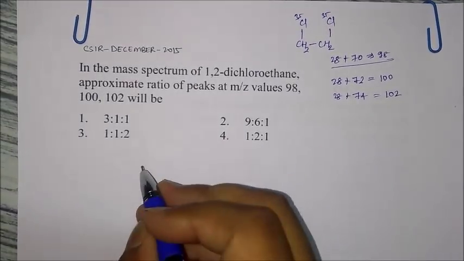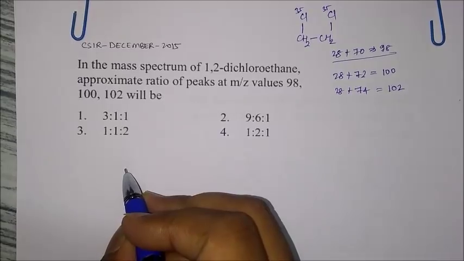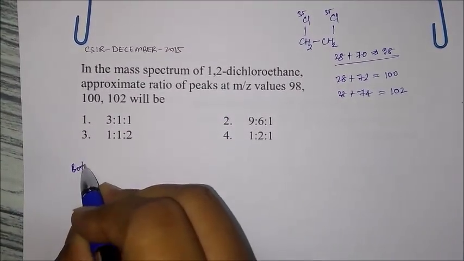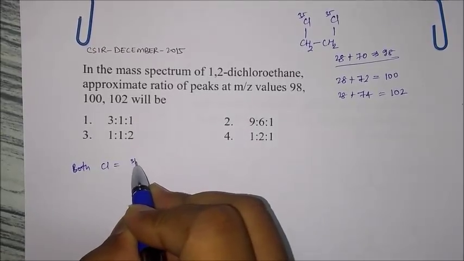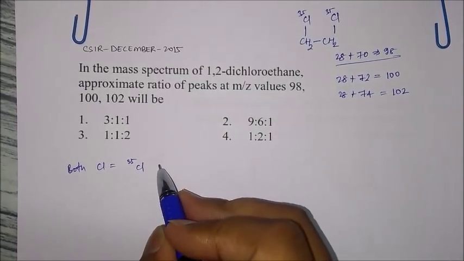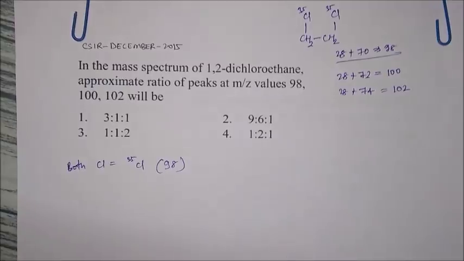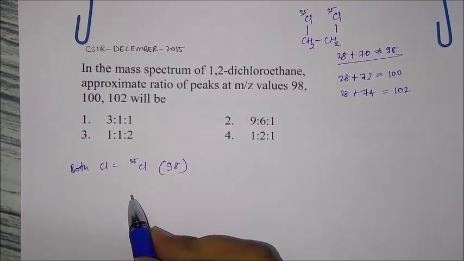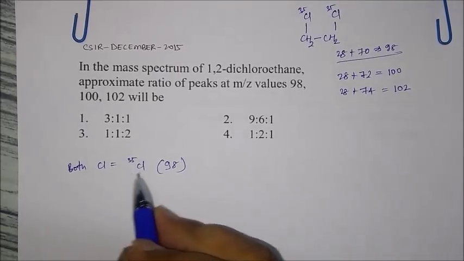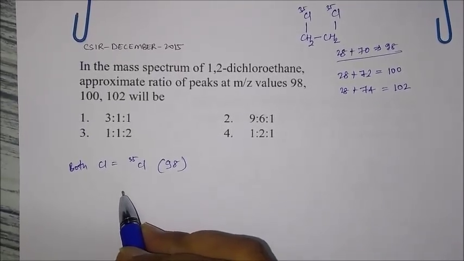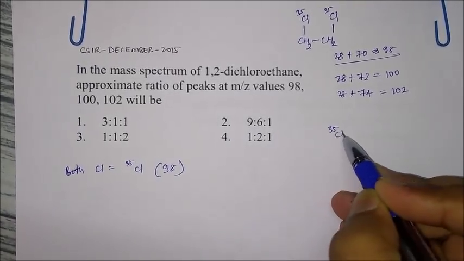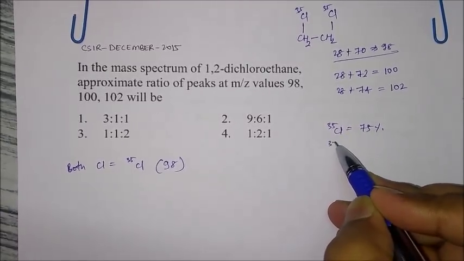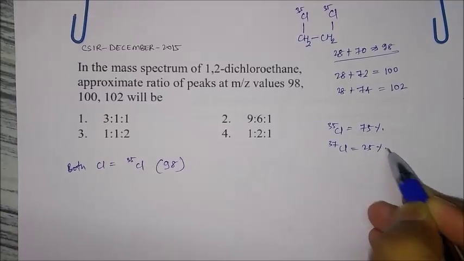Okay, so first of all we will take the case where both the chlorine are 35. So if both Cl are 35Cl, then the peak we will get at 98. For that, you have to just take the abundance. I have already told you that the abundance of 35Cl is 75%, and for 37Cl it is 25%.